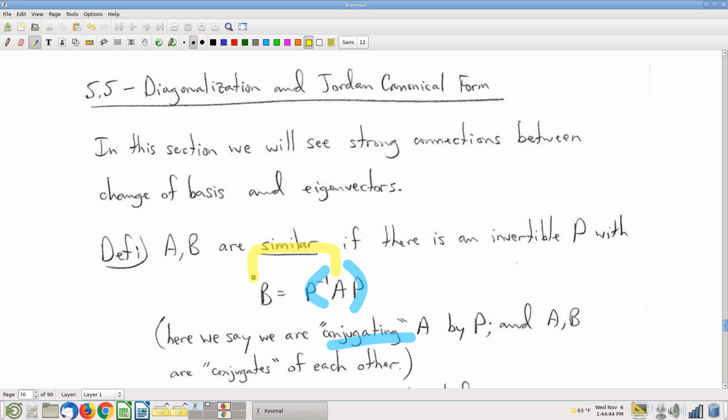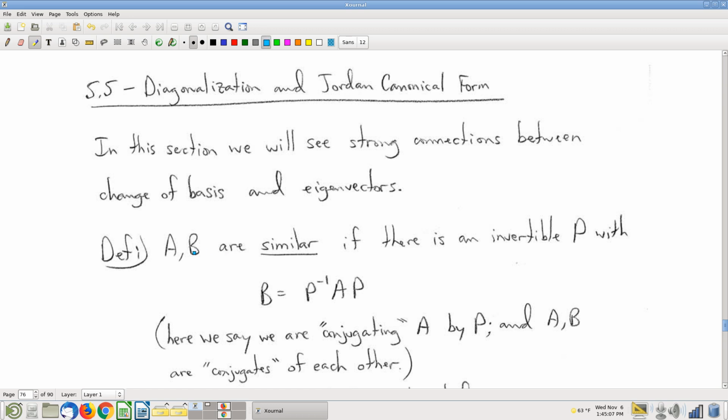Okay, so what an odd choice of term, right? Similarity seems to suggest that A and B should have something in common. Well, what in the world do they have in common? Before I answer that question, real quick, another terminological thing.